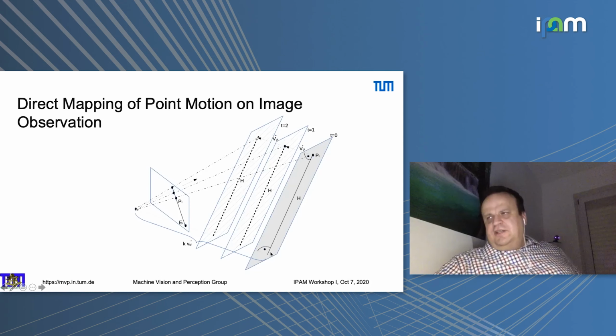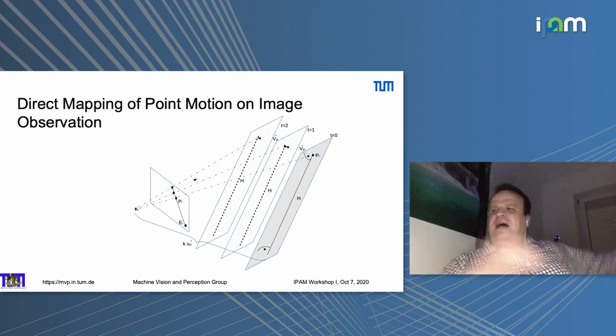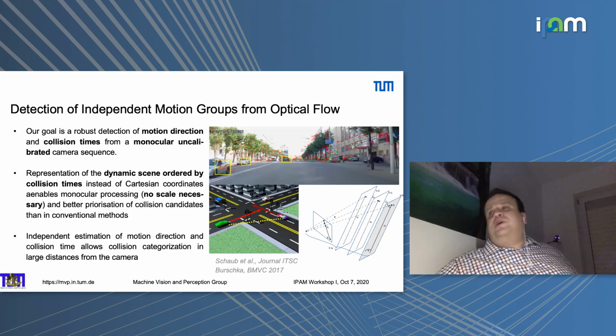So will I actually hit it, or will I just pass by it? This helps me to prioritize objects in the camera image. I have absolutely no information about focal length, nothing, no training. I'm just clustering the optical flow. And this actually clusters moving cars for free for me.